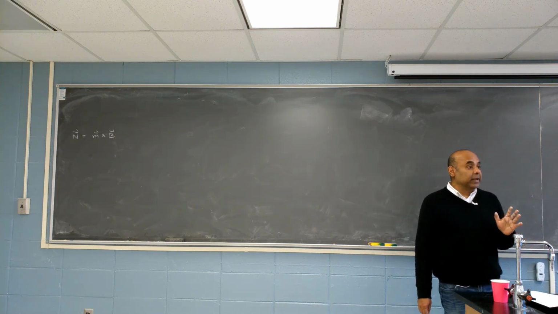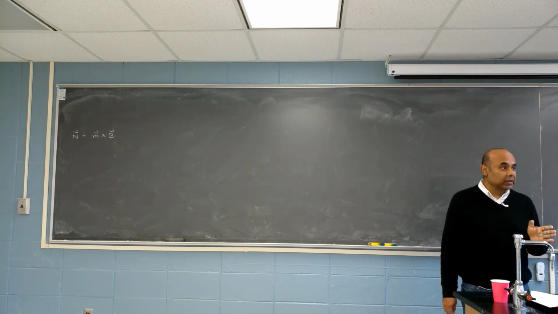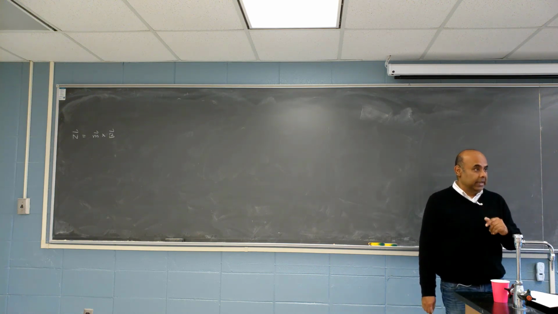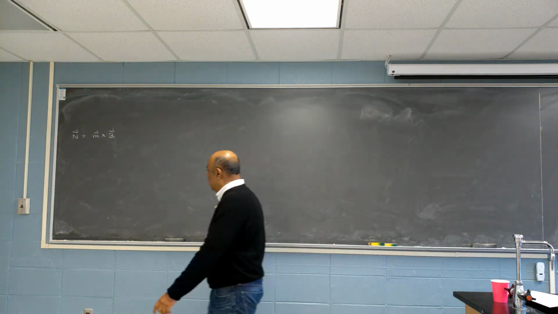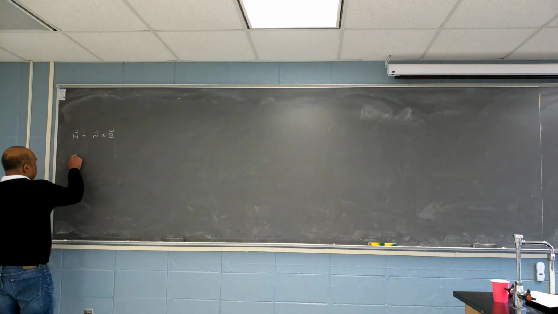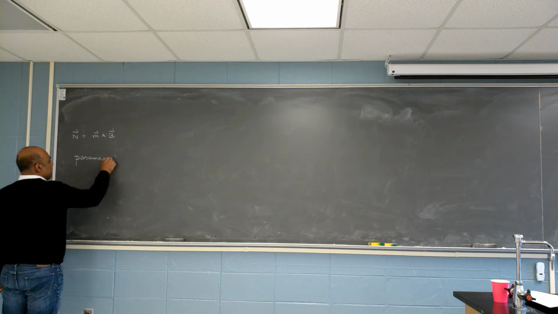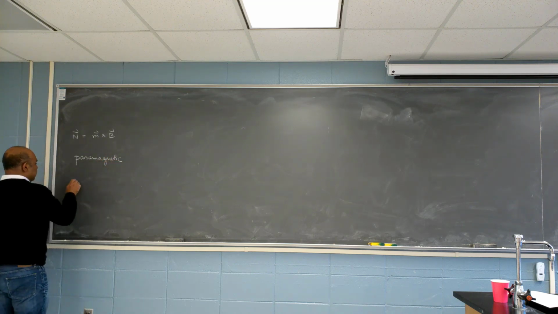So in reality, two things can happen. You can have it where M aligns with B, and those kind of materials are called paramagnetic. And the other one is diamagnetic.